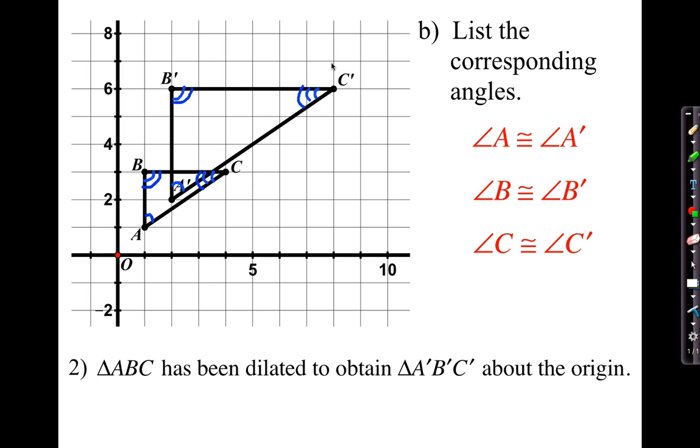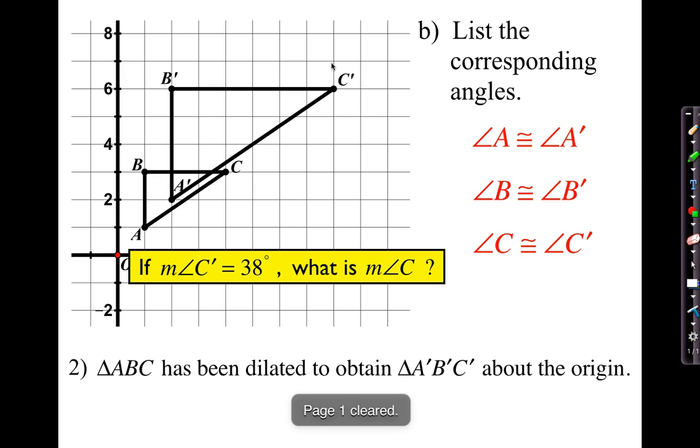Okay, so no matter what type of transformation we're looking at, whether it's translation, reflection, rotations, or dilations, you're going to find that the angles will always be congruent from pre-image to image. So if I asked you this, if angle C prime is 38 degrees, so that's this angle right here, then what is the angle measurement for angle C?